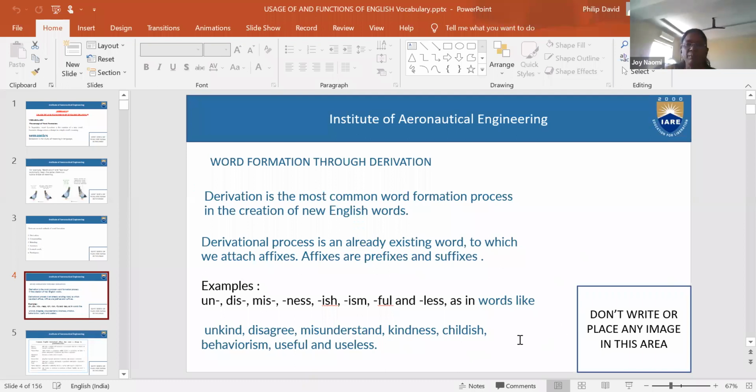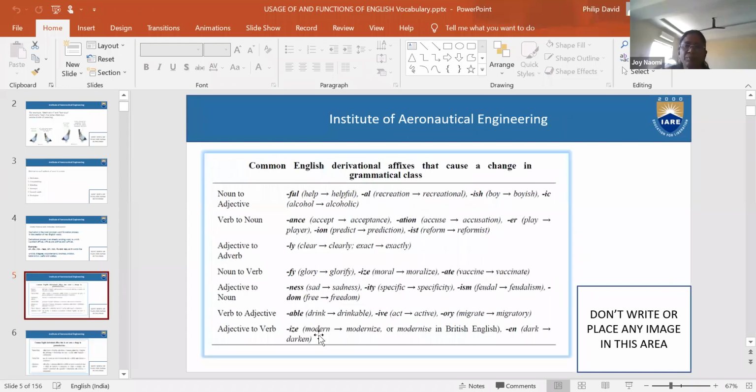For example, ness, ish, ism, ful, less. These are all suffixes. Some of the examples got through derivation are the words we have just read: unkind, disagree, misunderstand, kindness, childish, behaviorism, useful, and useless. The next thing, please continue reading.